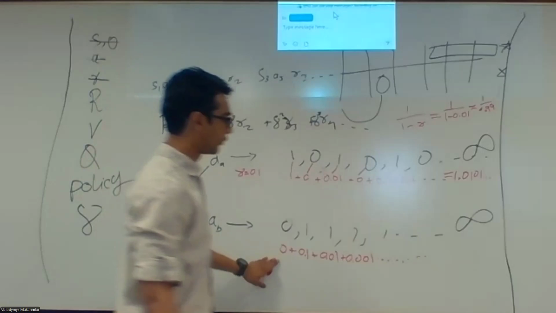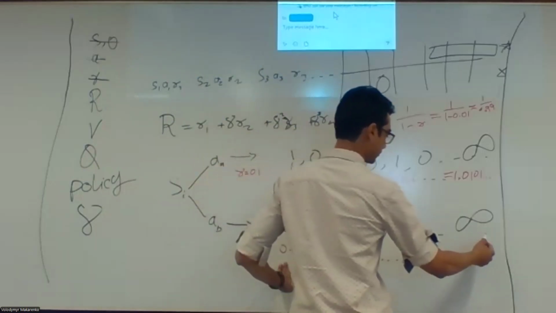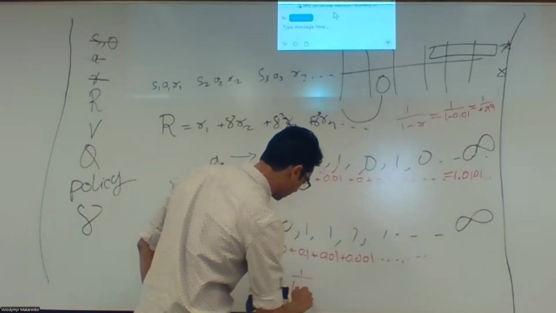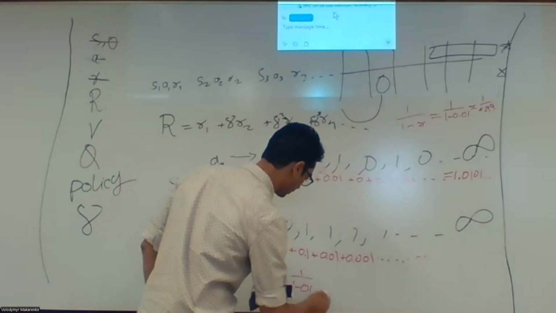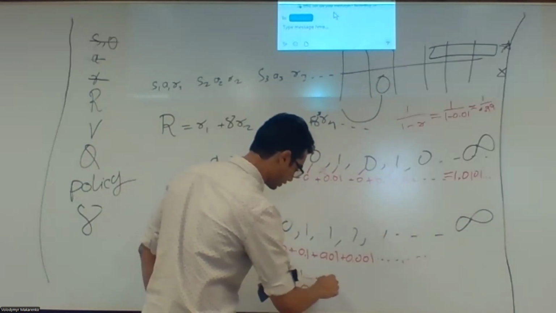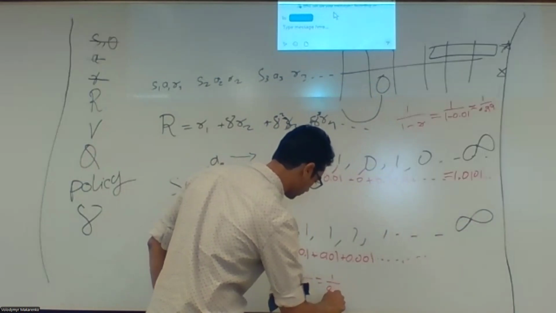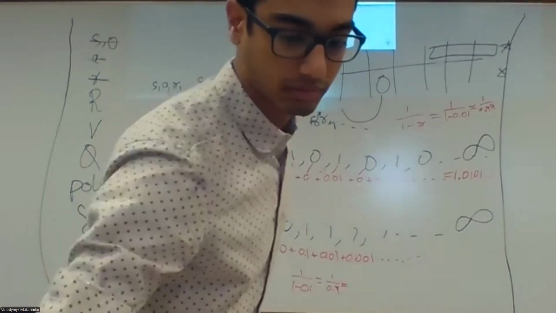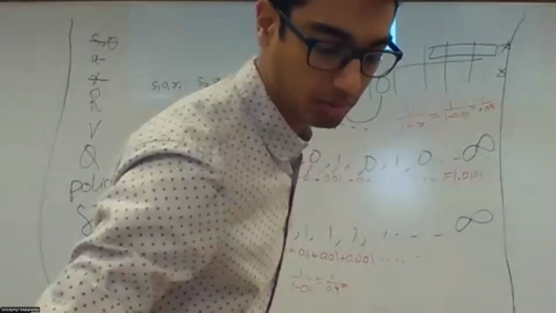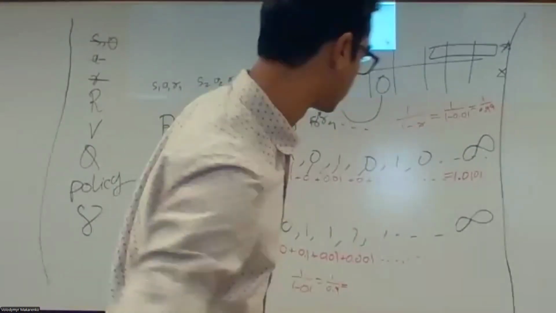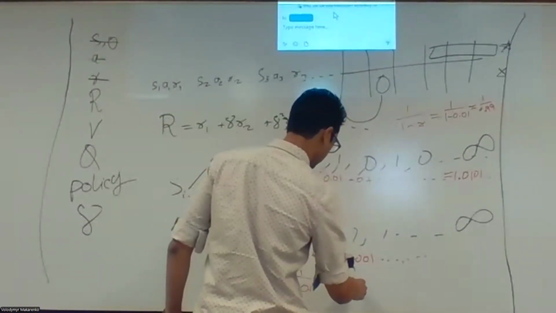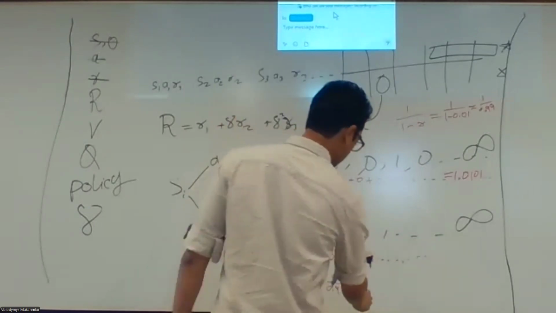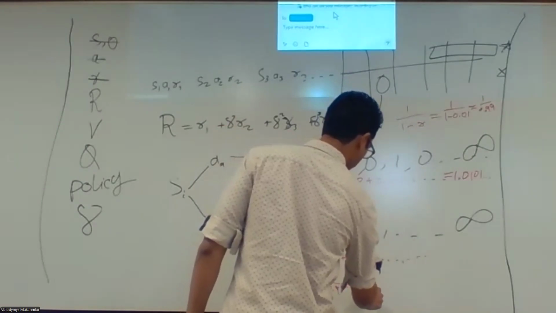And it will start off with the whole 1 over 1 minus 0.1, which is 1 divided by 0.9, and that is going to be equal to 1.11.